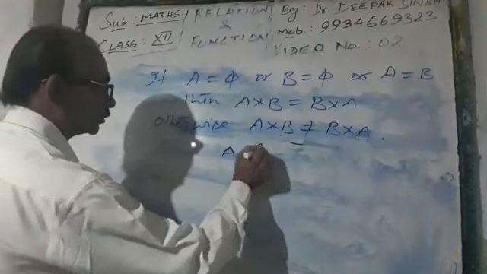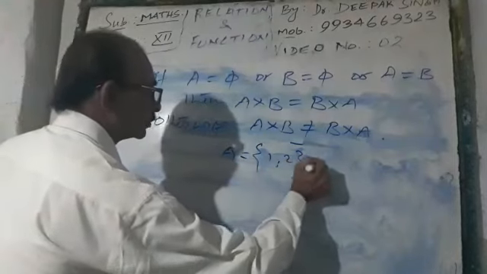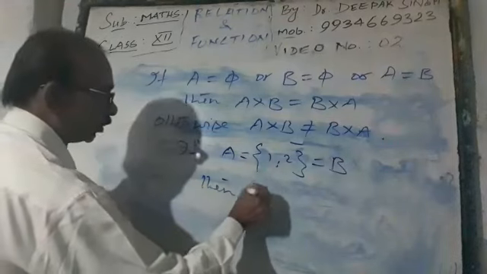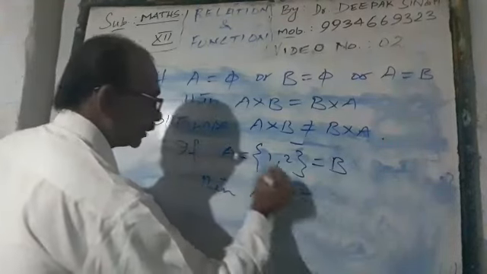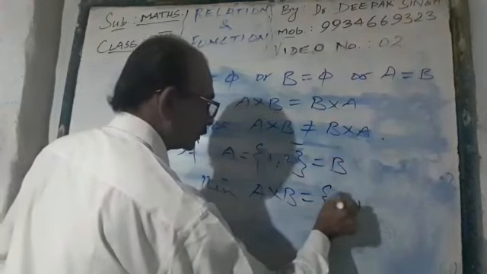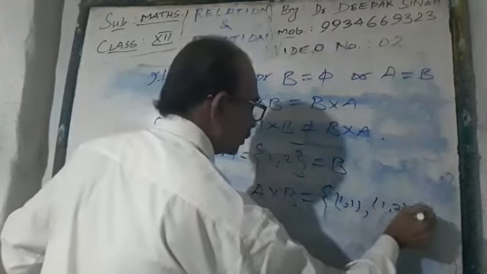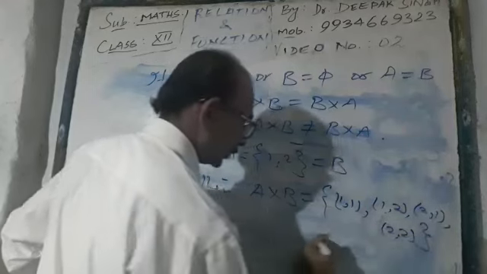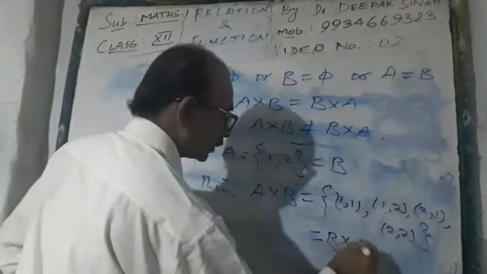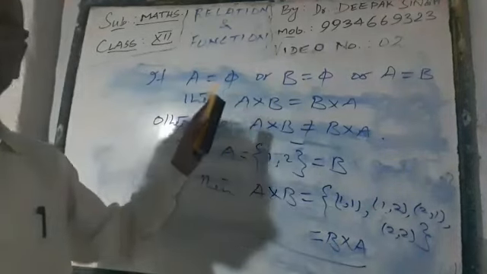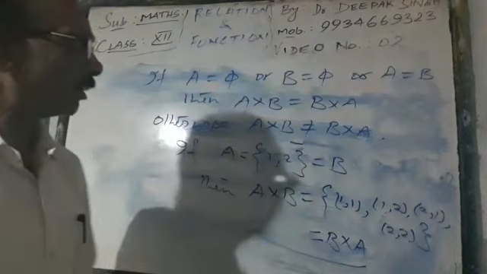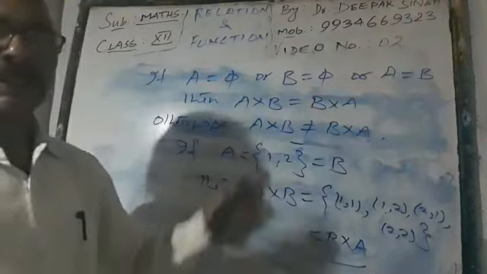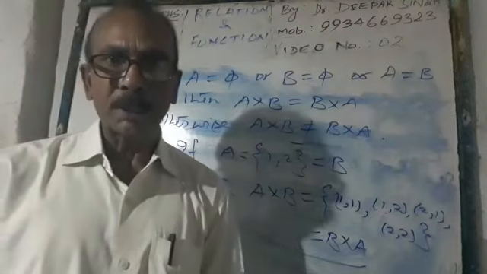A is equal to {1, 2}, which is equal to B. Then if you go on finding A cross B, you will have (1,1), (1,2), (2,1), and (2,2), and so is B cross A. So in these three cases, where either A or B is an empty set, or A equals B, A cross B would be equal to B cross A. Otherwise they are not equal.